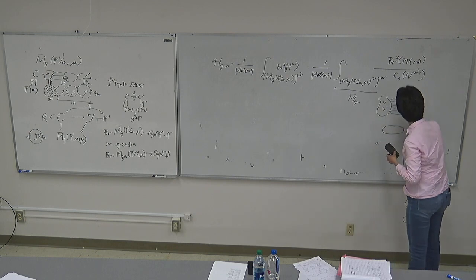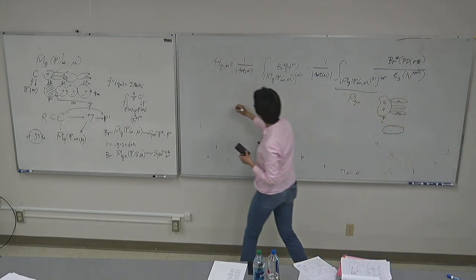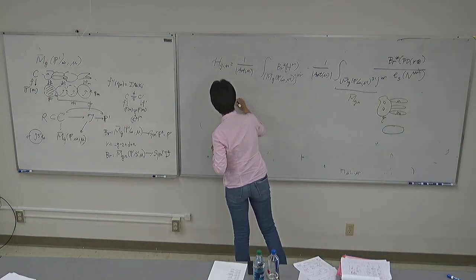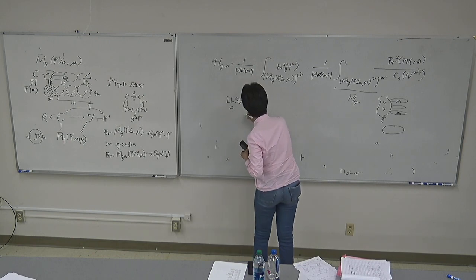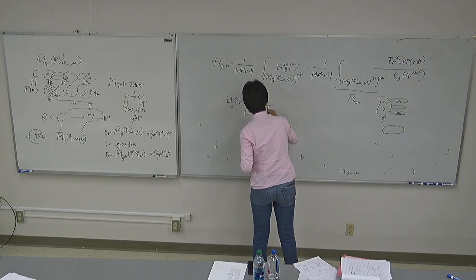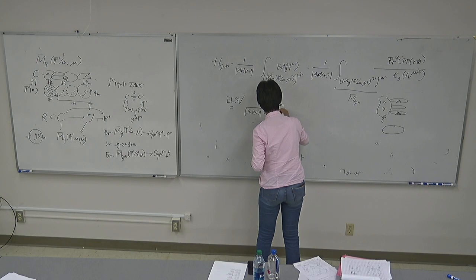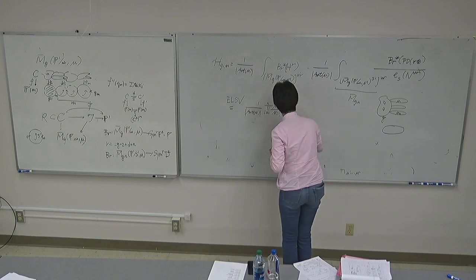So this is a degree mu1 to mu1 cover, and G to G. Then after localization, one gets this ELSB formula. Okay, I hope I didn't remember this wrong.